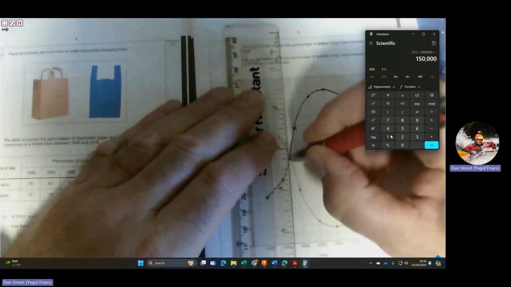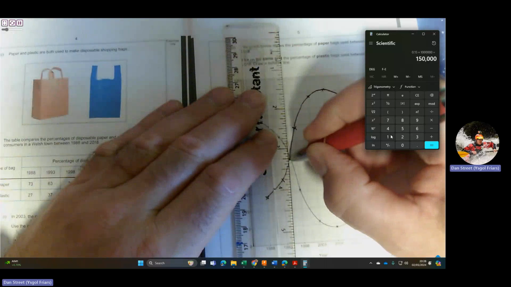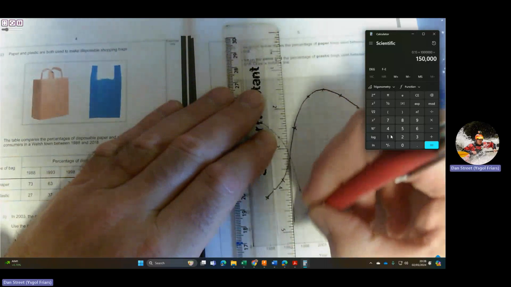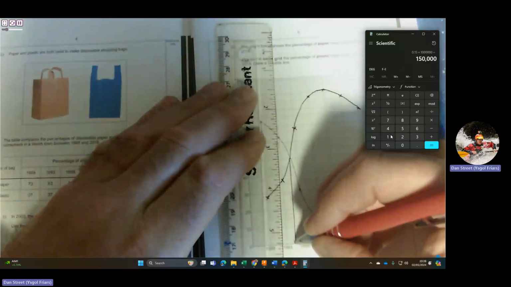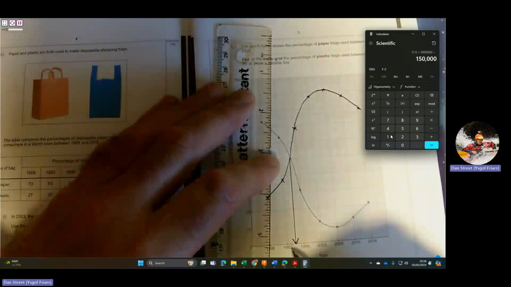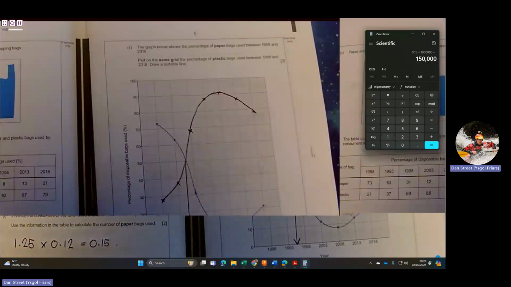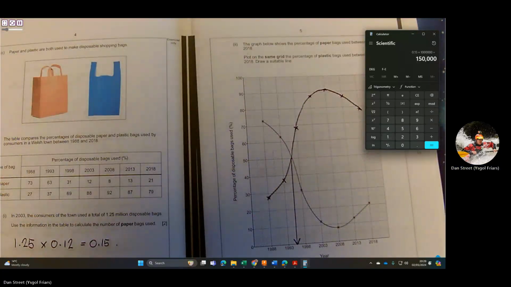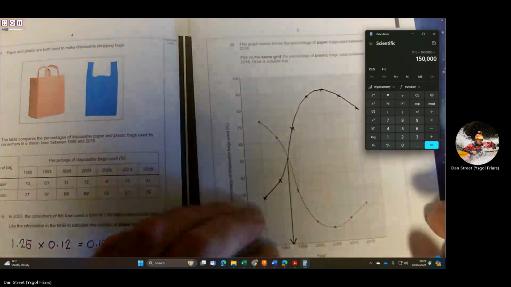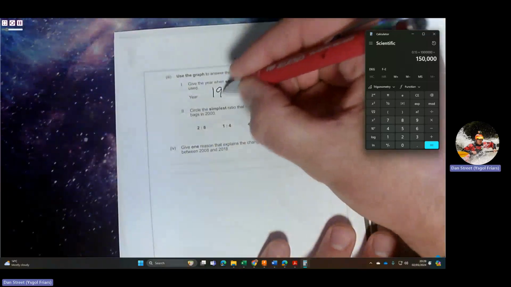It might be slightly easier if this was a full size copy of the paper. Okay, so it's 93, 94, 96. So 1996 is the year of parity between paper and plastic. Okay, so 1996.